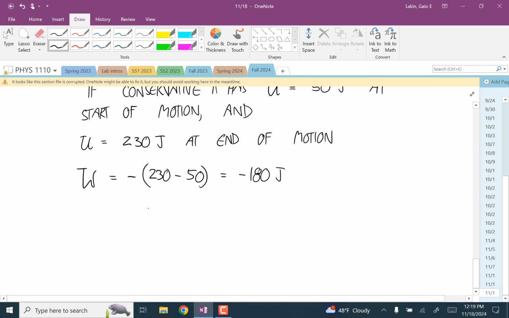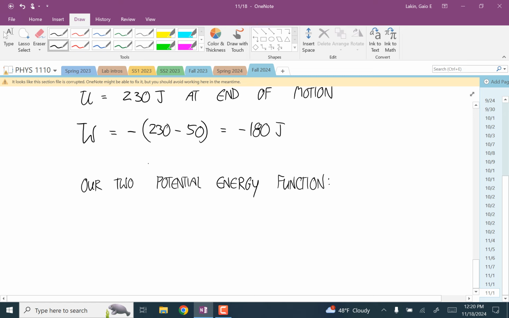So here are the two potential energy functions that we're going to use. The first one is gravitational.